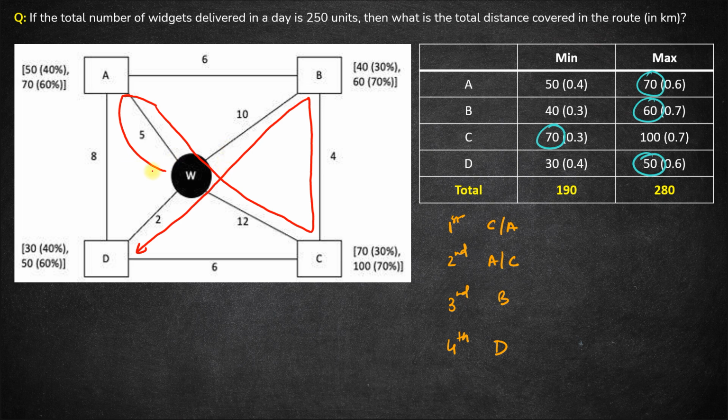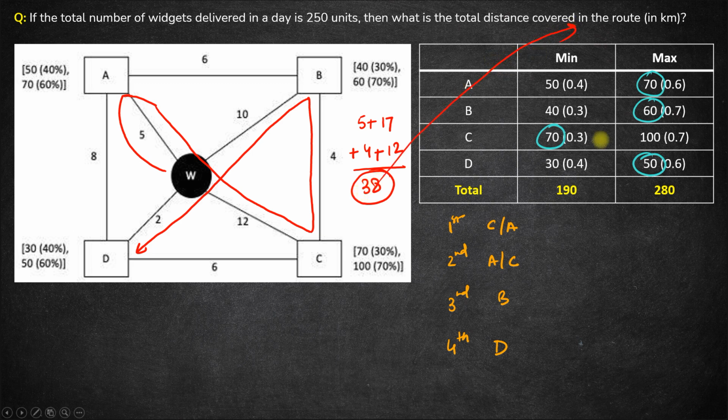So the total distance traveled is 5 plus A to C, which is 5 plus 12, 17, plus C to B, which is 4, plus B to D, which is 10 plus 2, 12. Okay. So 5 plus 12 is 17, plus 5 is 22, plus 4 is 26, plus 12 is 38. So the total distance traveled here is 38 kilometers.